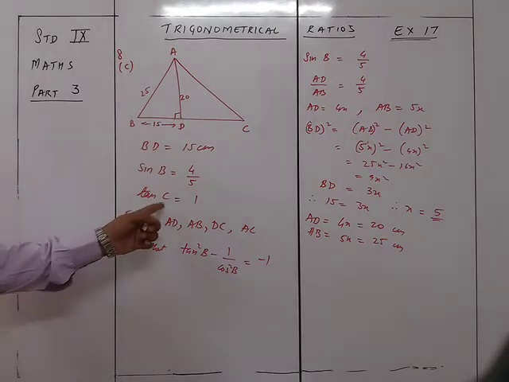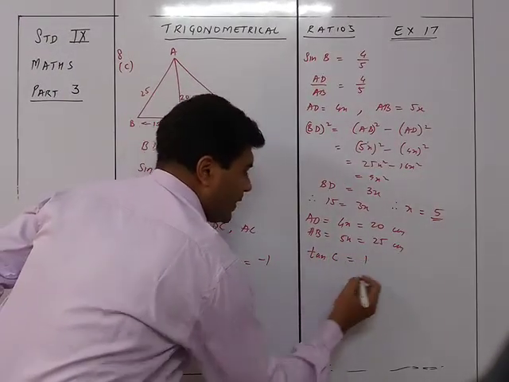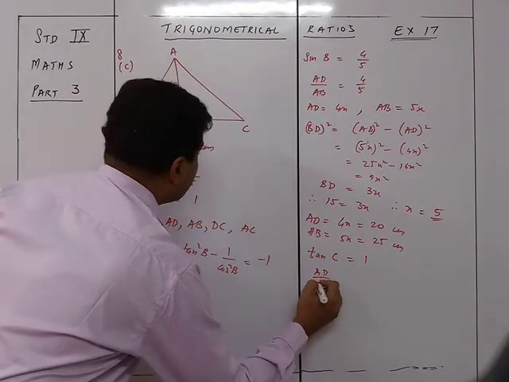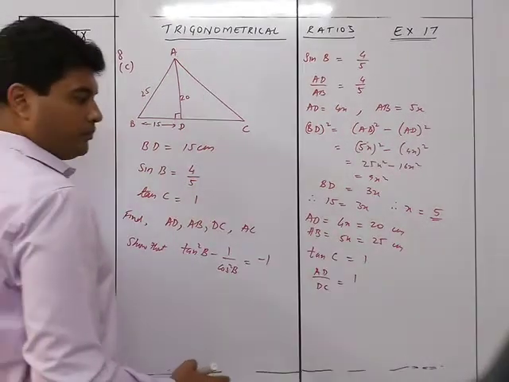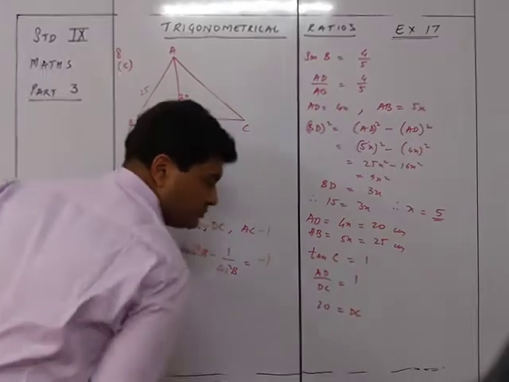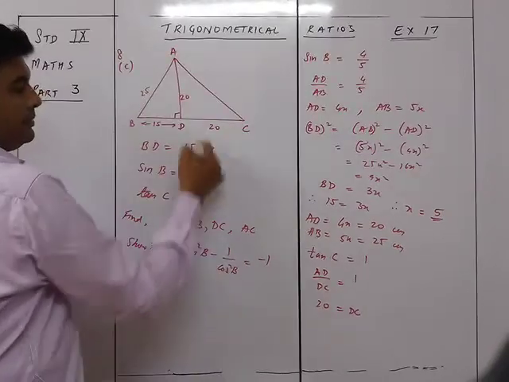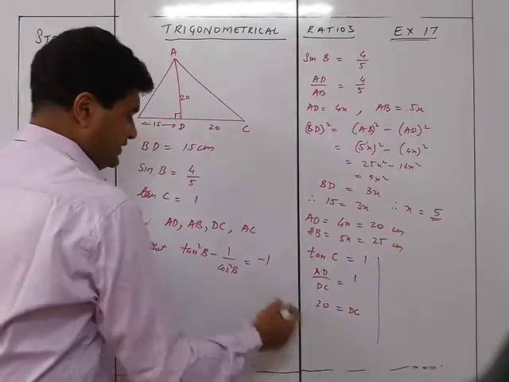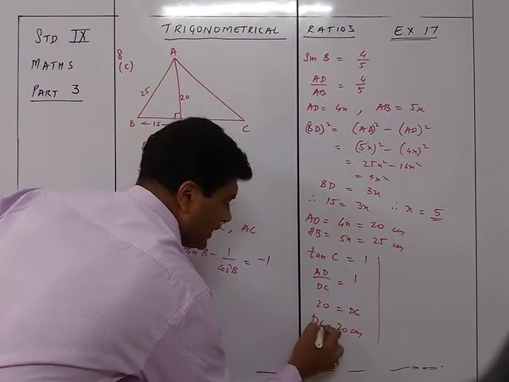Now we see the next part, tan C is 1, so tan C is nothing but AD upon DC is equal to 1. AD we know is 20, so 20 is equal to DC. Therefore DC is 20 centimeters. That is the answer number 3.